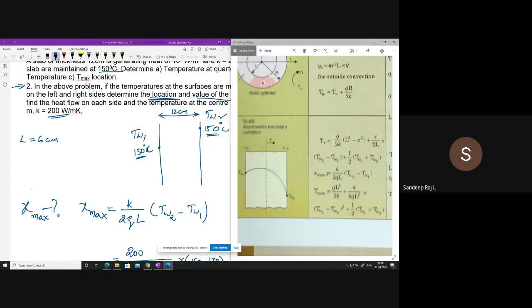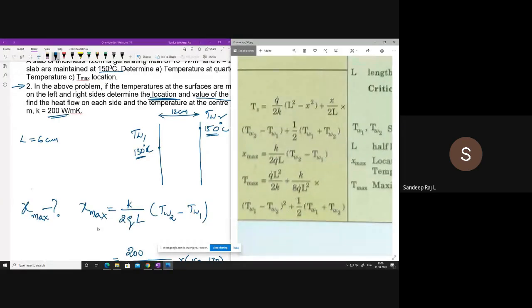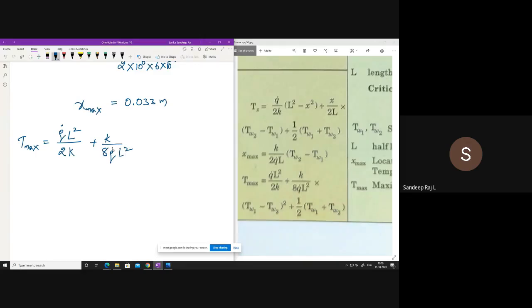Okay. So here for T max, you have a formula. I'm zooming it in for you. So the T max formula you can see now. I'm writing the T max formula here. The T max is equal to Q dot into L square by 2K plus K by 8Q into L square.